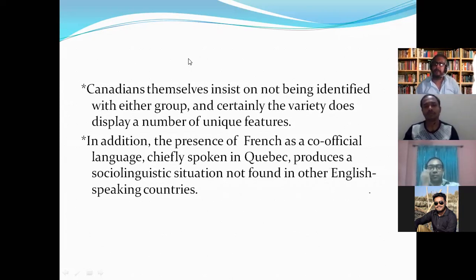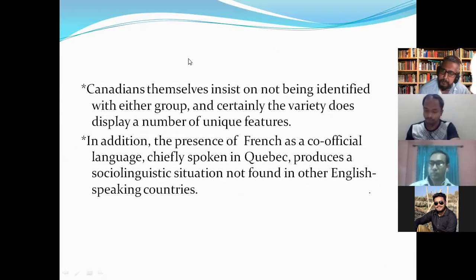Okay, so English-speaking countries, we know that Britain, America, Australia, New Zealand, and Canada. Okay, only in Canada, you will see that French is used as a semi-official language in Quebec. But in New Zealand, all over the country, you will see the only language is English. Australia, America, and Britain, there is no difference. But in the case of Canadian English, in some provinces, Quebec and also Manitoba, you will see that their language is French.